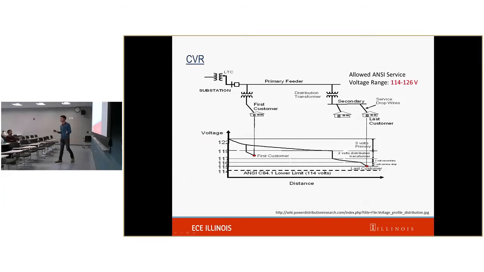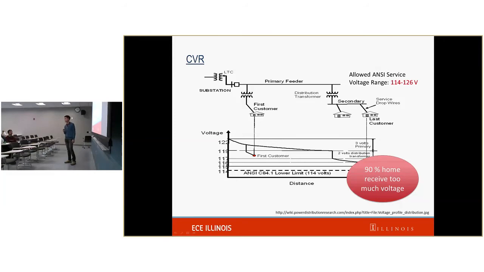Next, to implement CVR, right now you can do either a closed loop or an open loop form. With a closed loop, basically you use a smart meter from the last customer here. You just want to make sure your voltage range is allowable, per the ANSI standard, between 114 and 126. So we can adjust the LTC, the load tap changer transformer at the substation, as long as you make sure that your last customer on the feeder doesn't violate the lowest limit, which is 114.